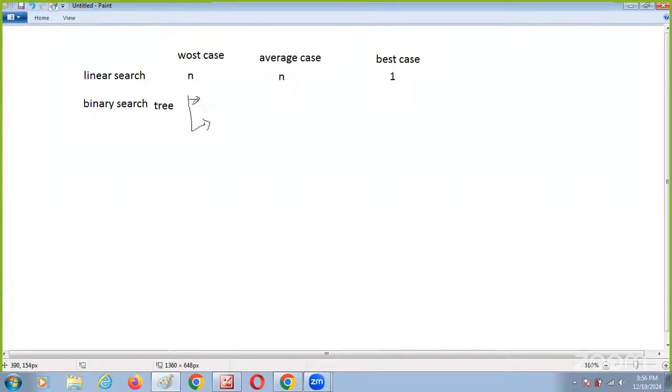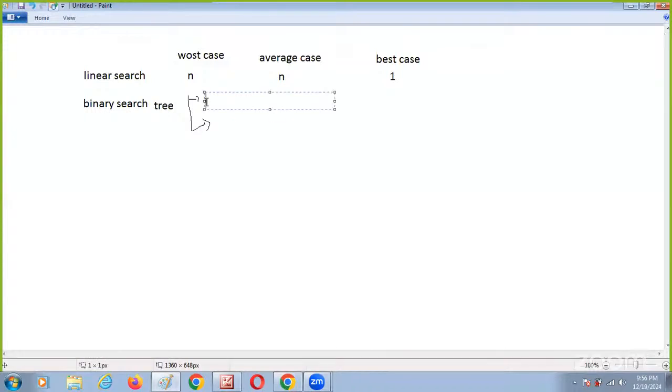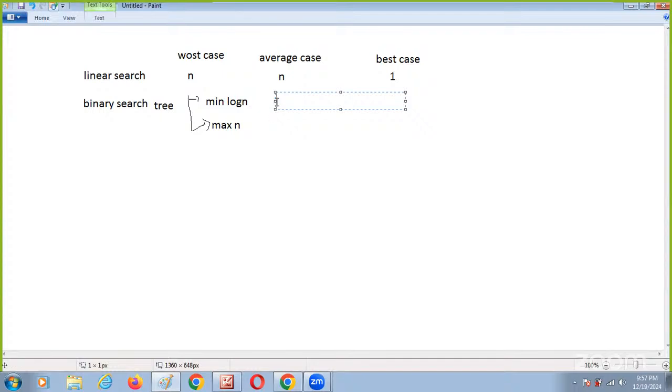If it is the minimum worst case, it is log n. If it is the maximum worst case, it is n. And the average case is similar, it is log n.